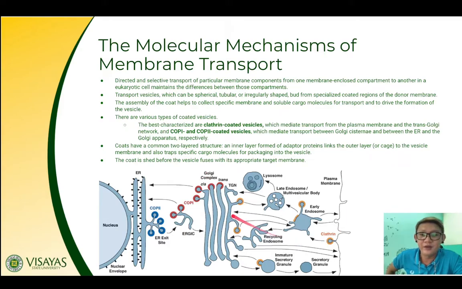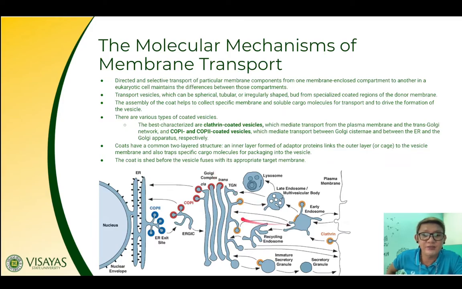So again, the clathrin-coated vesicles mediate the transport from the plasma membrane to the trans-Golgi. Okay, so we know that the Golgi apparatus has three components, or three phases. You have here the cis Golgi, which is the one facing the ER, the medial, and the trans Golgi, the one facing the outer membrane.